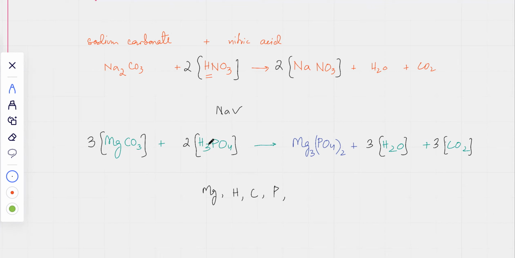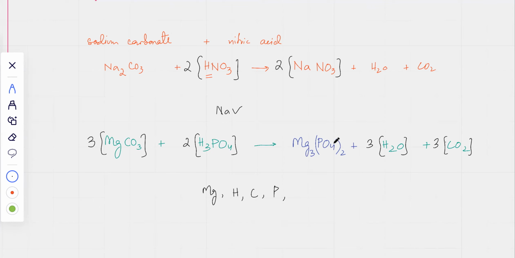So the last element would be the one that's the most difficult, oxygen, that is automatically balanced. How many oxygens do you have over here? Now this is going to be 9, and this is going to be 8. So 9 plus 8 is 17 oxygens. How many oxygens do you have over here?